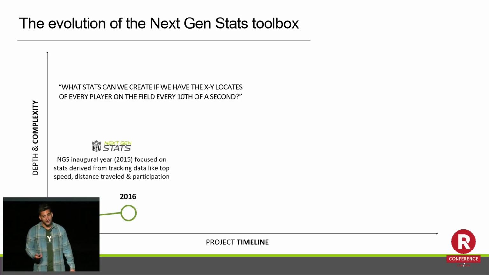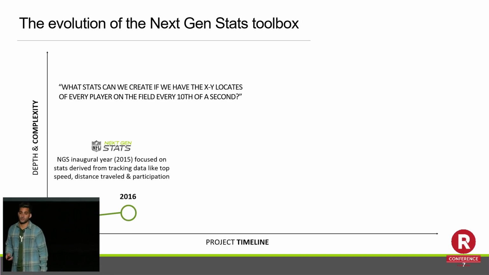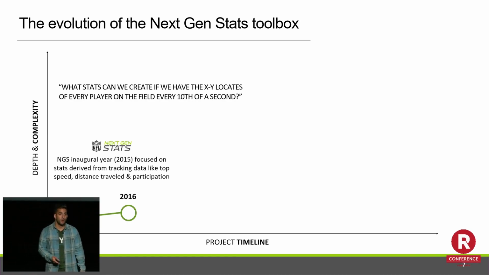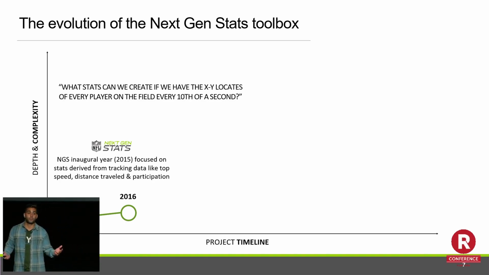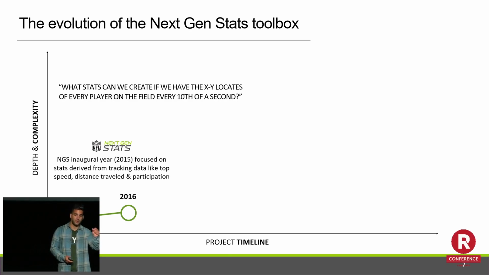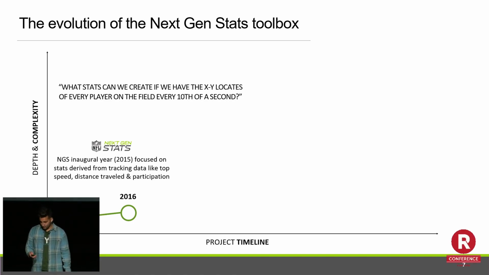Well, our inaugural season, which was the 2015 season when we finally had sensors in every stadium, we were able to create basic stats like top speed, distance traveled, or participation, like how many snaps did a player play. Before that, that was done by manual human data labeling in the stadium every game. Now, we can use technology to say who's on the field.